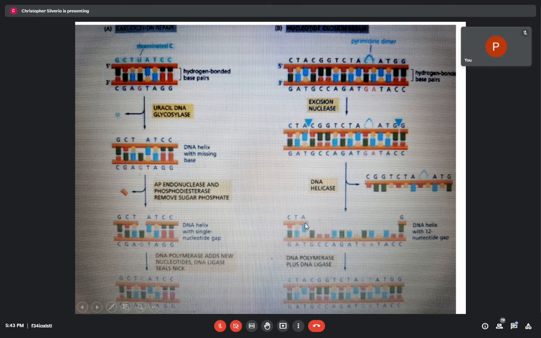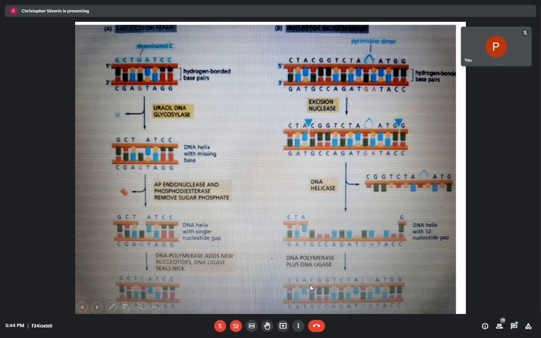And then it will synthesize continuously to form a new fragment. Michaela, there will be the binding of the DNA polymerase to synthesize a new DNA strand from this fragment.